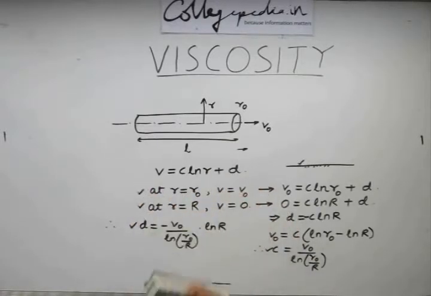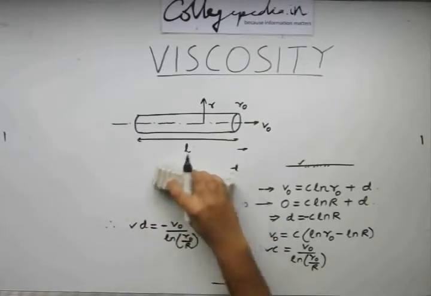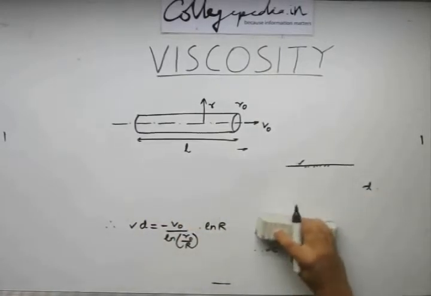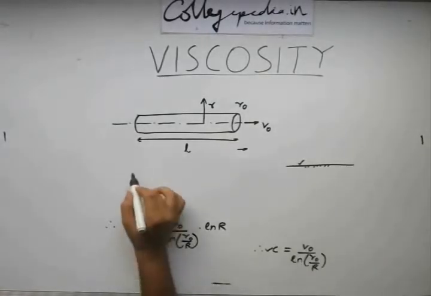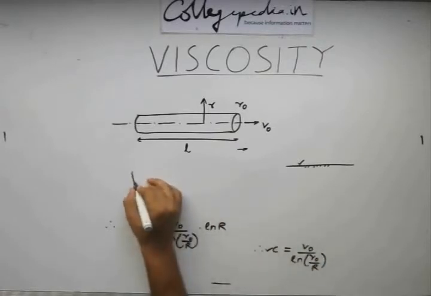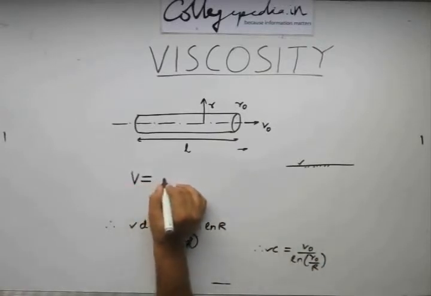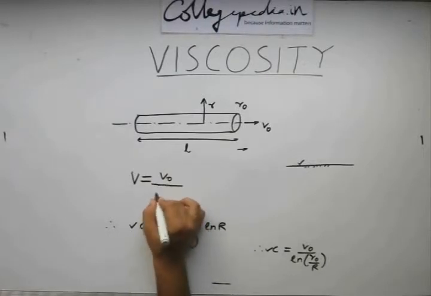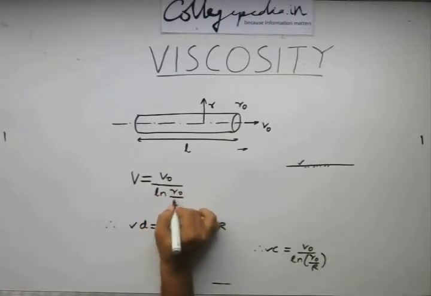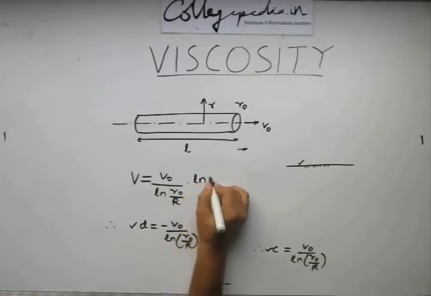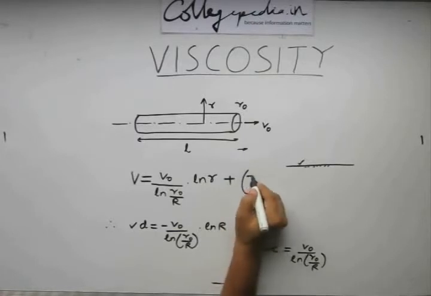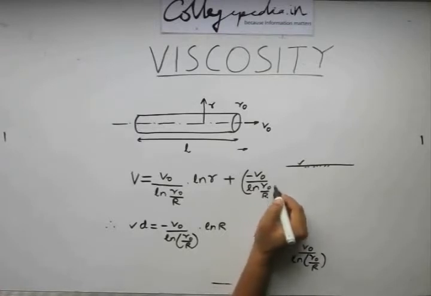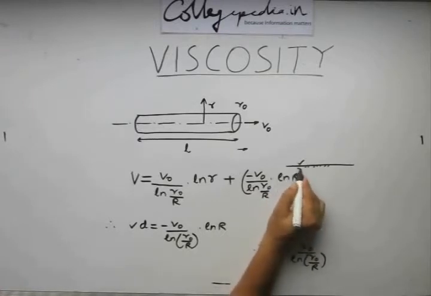Let us substitute them back here. Substituting these two values here, we get V equal to V naught by ln R naught by R times ln small r plus this D, which is going to be minus V naught by ln R naught by capital R times ln of capital R.